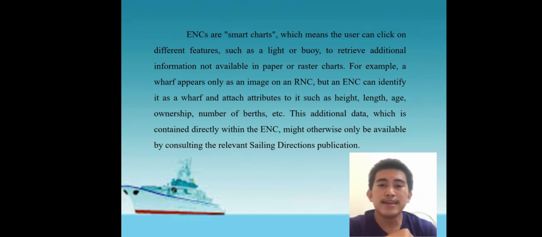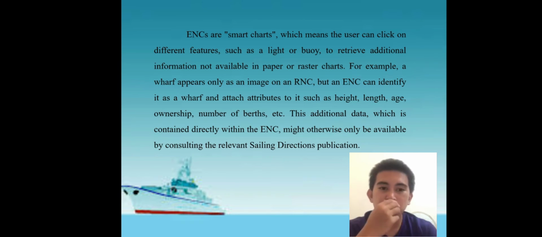An ENC, or electronic navigational chart, has a lot of features and is also easy to use, because in an ENC it's just one click, then you can see the light or the buoy or whatever additional information you want to see, while the raster chart is just a printed chart that does not have full information.